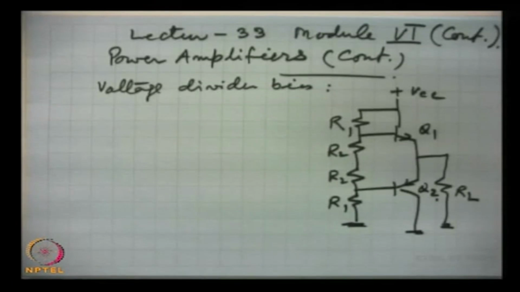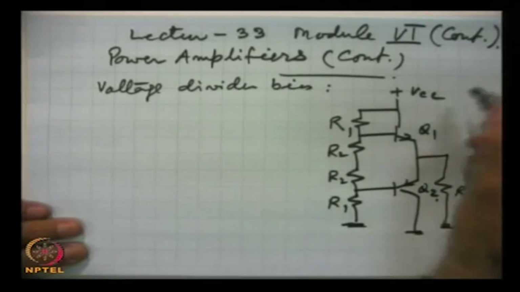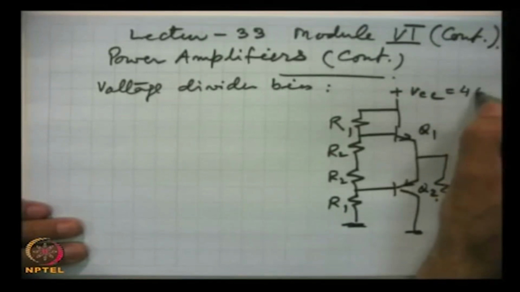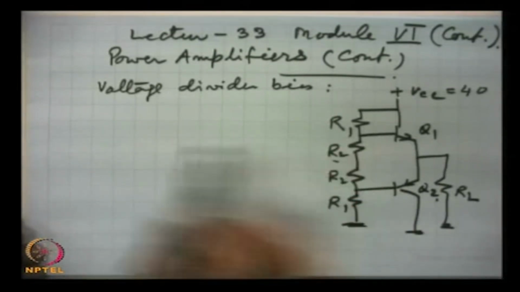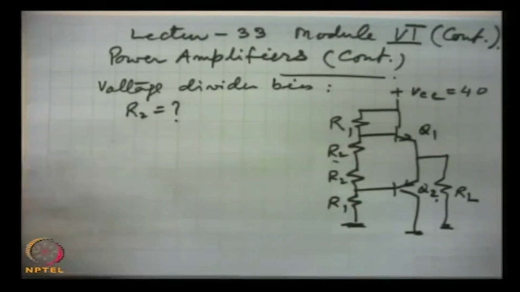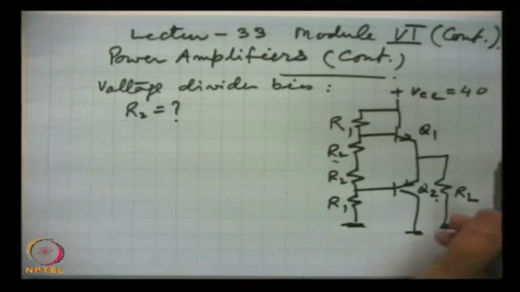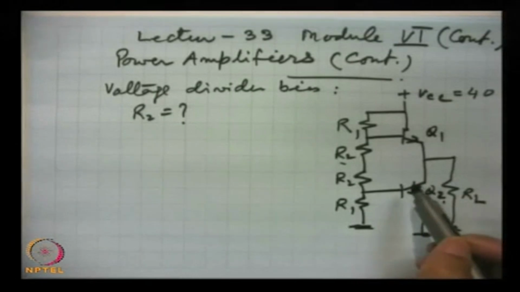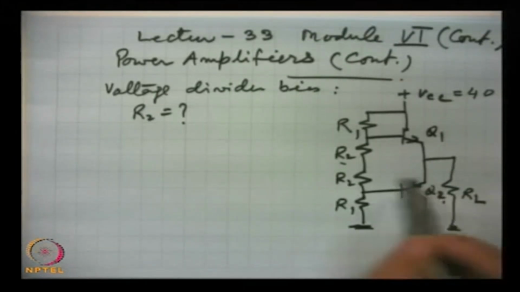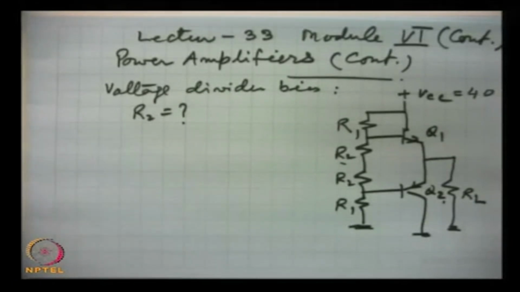This is the voltage divider bias. Let us take that this VCC is 40 volts. I am taking an illustrative example of how to calculate the value of this resistance R2 to provide 0.7 volts, which will be sufficient to keep these transistors Q1 and Q2 in a ready to conduct state, so that they start conducting the moment that input signal is available.